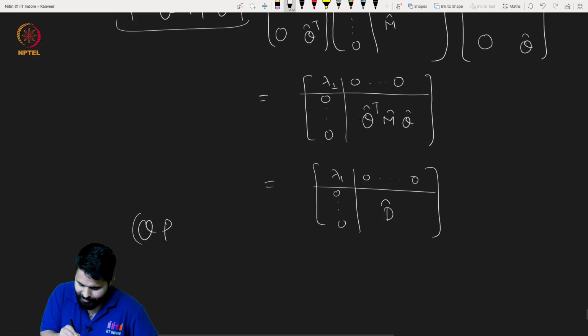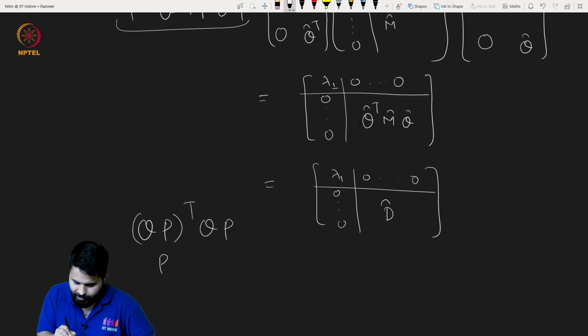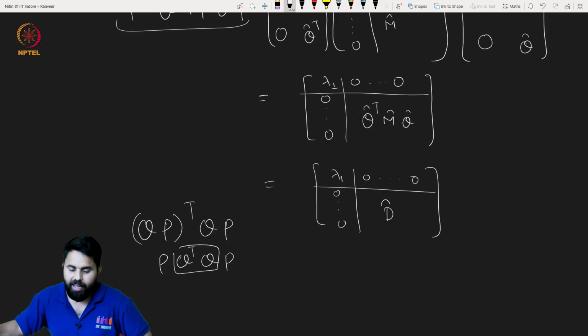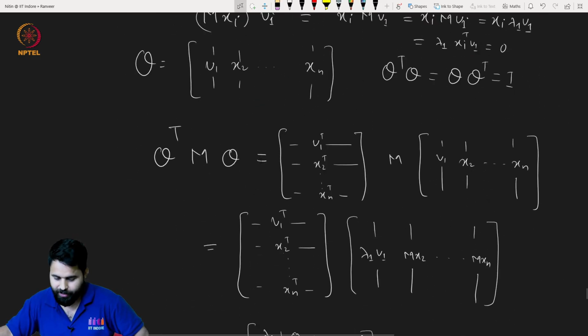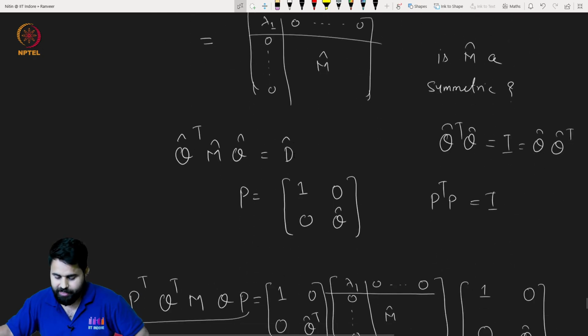If you just do this, Q transpose QP, what will it give? It will give you P transpose Q transpose Q P, but Q is already an orthogonal matrix, since the way we have formed this, right?